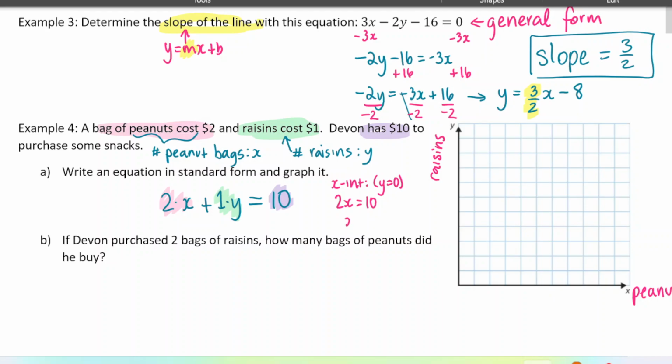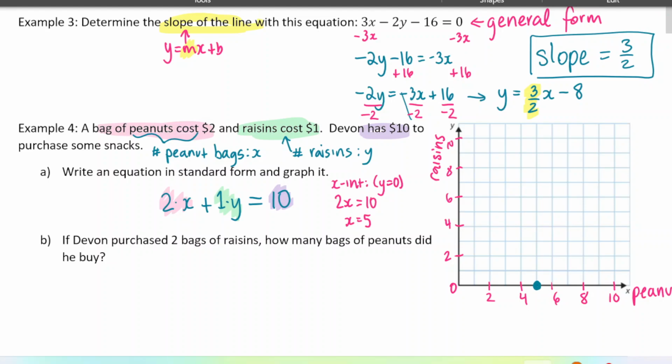Well, we would buy 5 bags. So let's go up by 5s this way. 2, 3, 4, 5. Let's go up by 2s. 2, 4, 6, 8, 10. Okay, so that means my x-intercept will be 5.